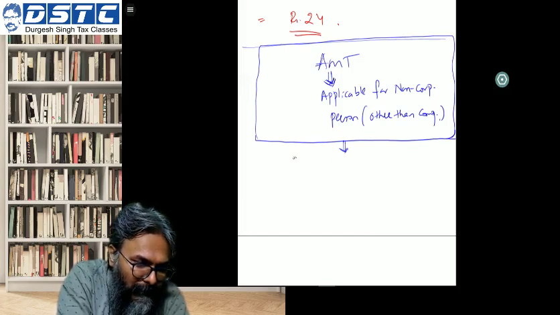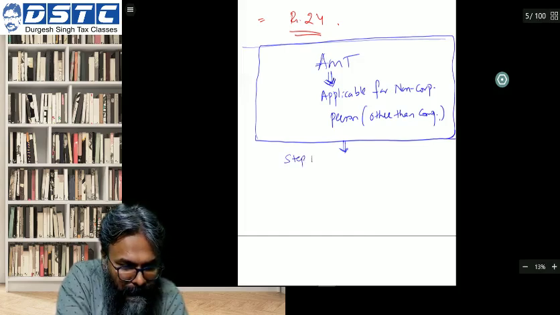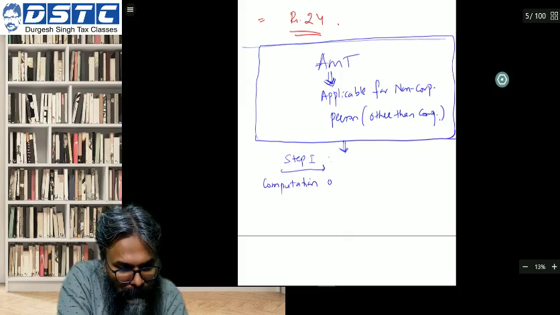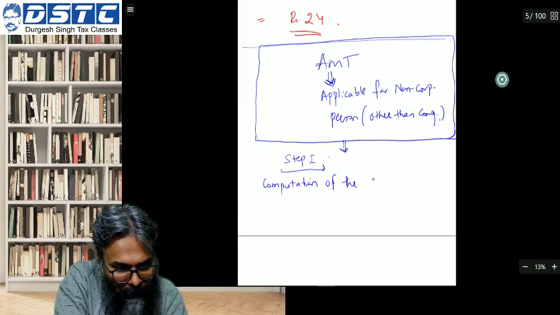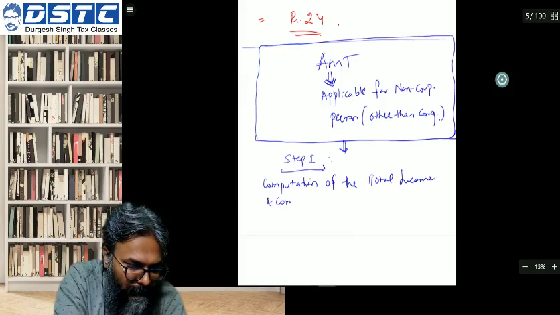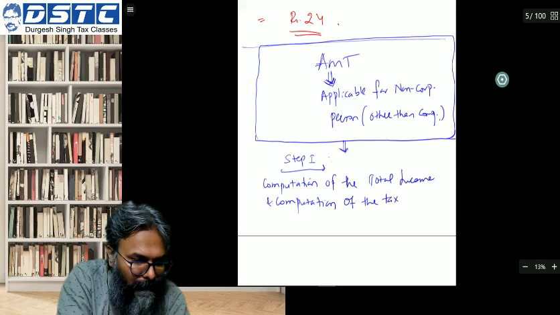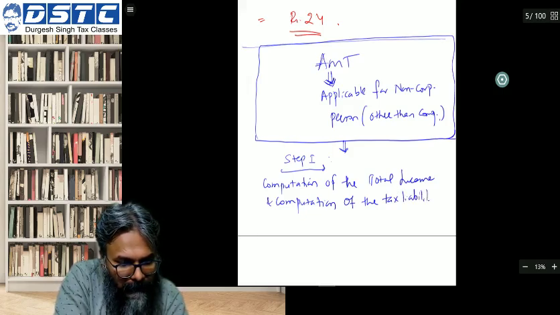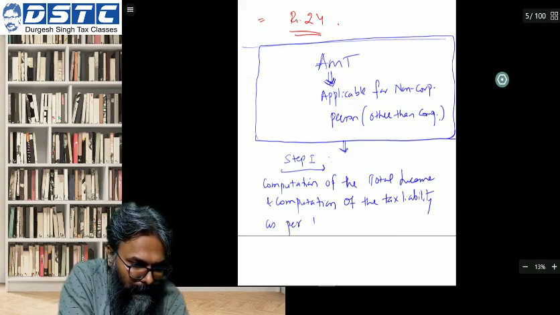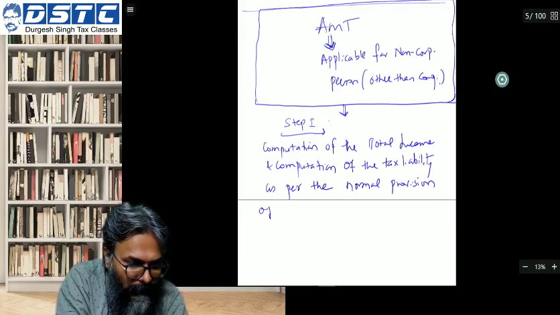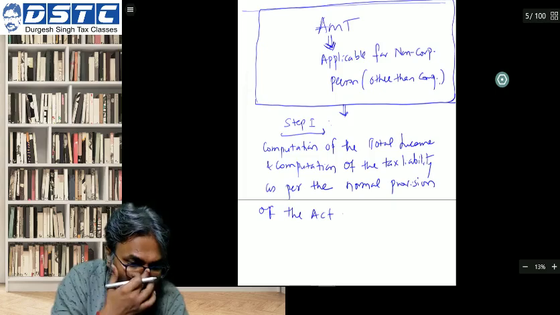So here, step 1, computation of the total income and the computation of tax liability as per the normal provision of the Act.